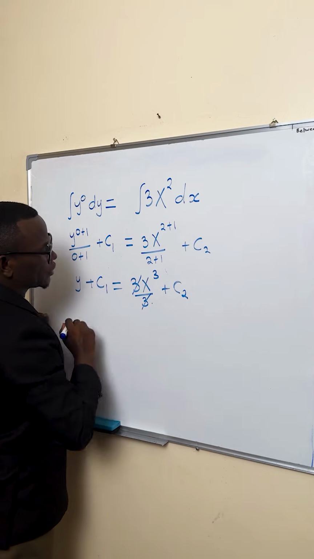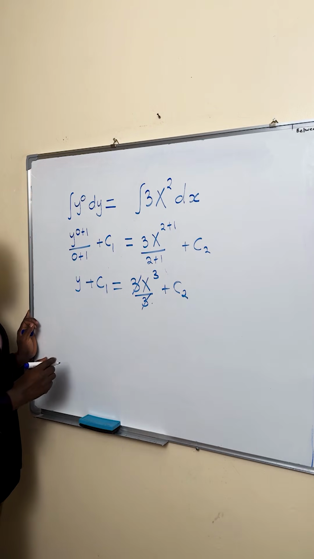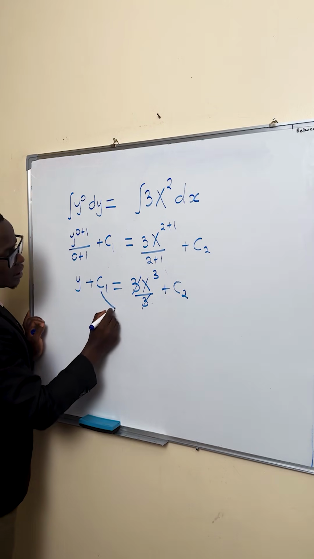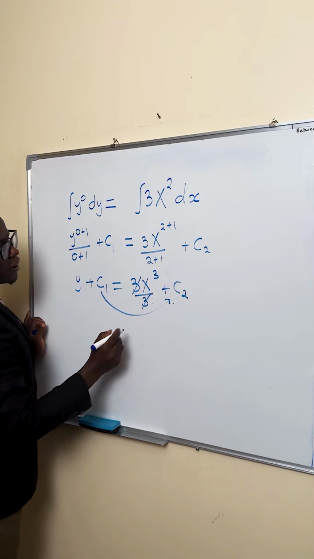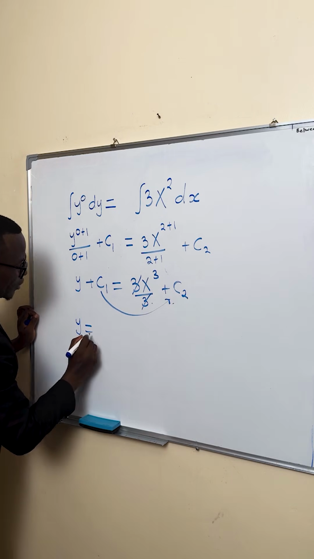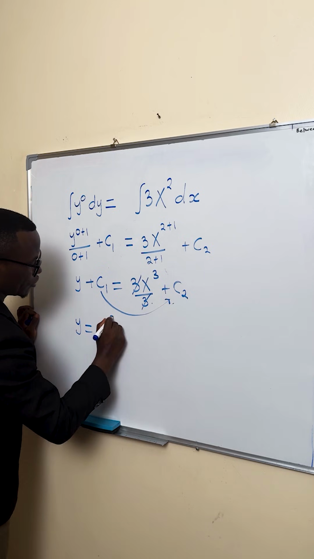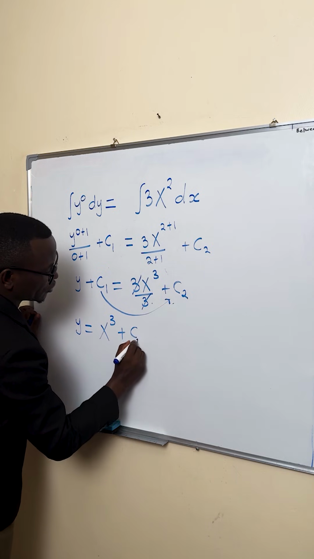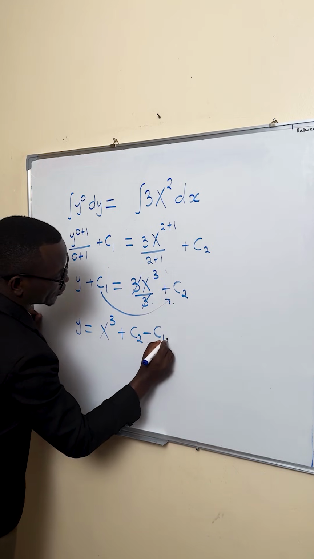This one can cancel with that, and I can collect like terms by taking c1 to the right hand side. So we shall have y is equal to x cubed, then plus c2 minus c1.